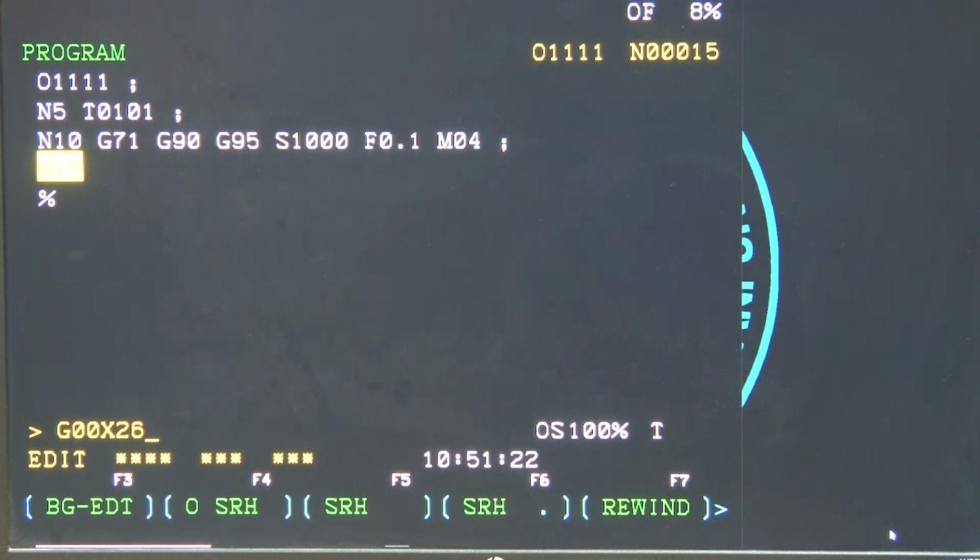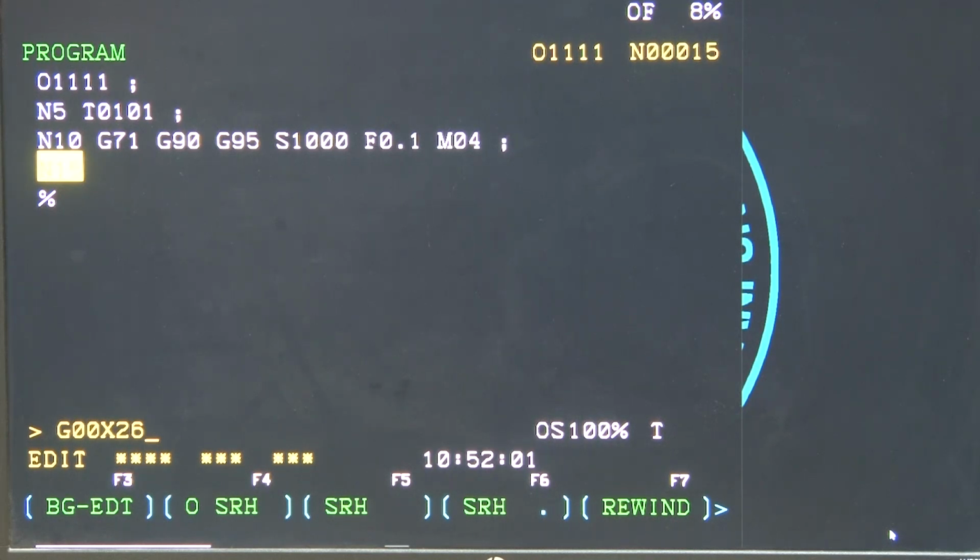Next to that is G90, which is absolute programming. I told you already about absolute programming, where all the dimensions are from one base, either from one axis or from another axis, and all the dimensions will be from there only. After that is G95, which makes the machine understand that the feed will be in revolution rate.